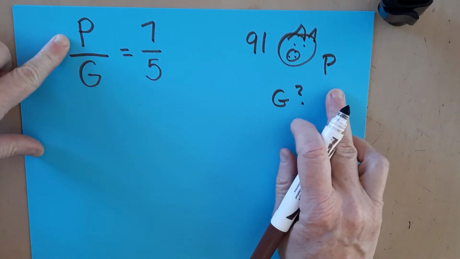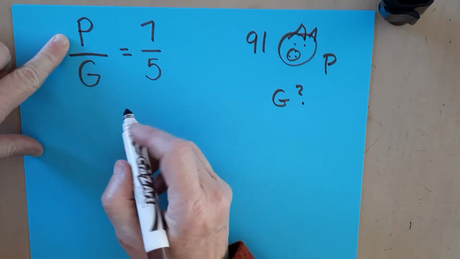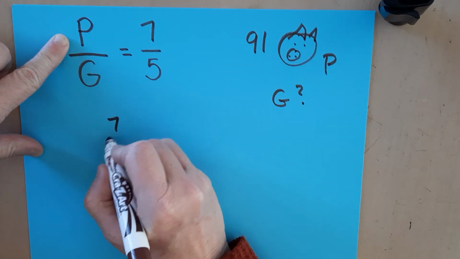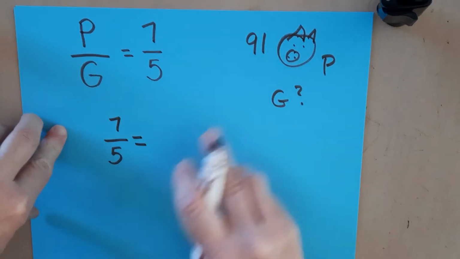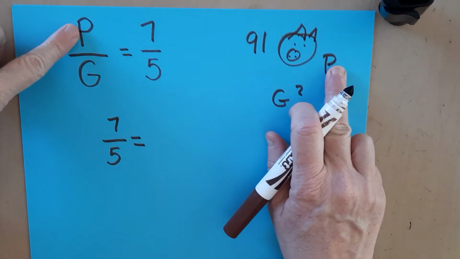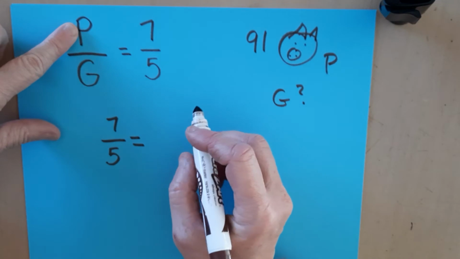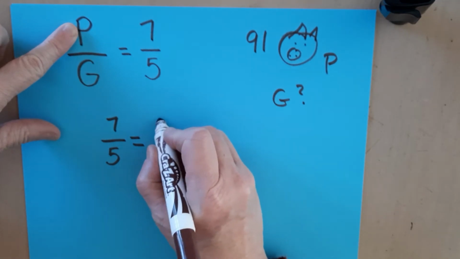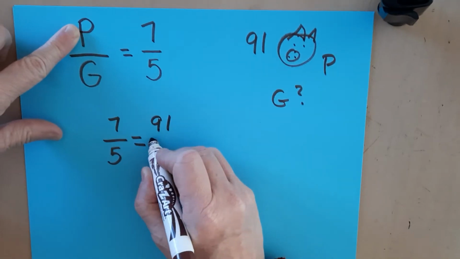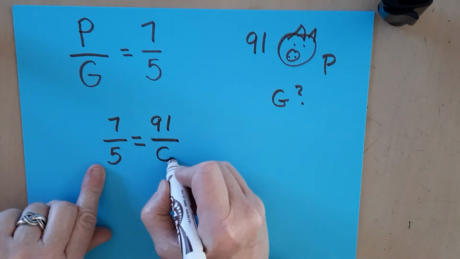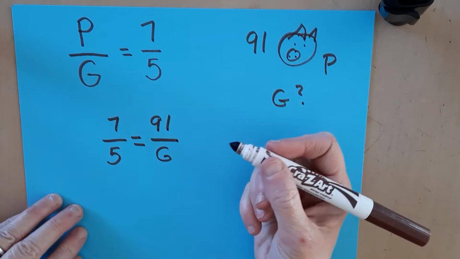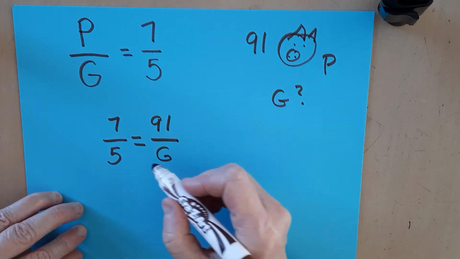So how do we solve that? We keep this ratio 7 to 5, and we set that equal to a new ratio. We know that there are 91 pigs. The pigs is on the numerator, so we put the number of pigs up here in the numerator. And we don't know yet how many goats there are, so we're going to leave that as g. Now we can cross multiply to get our answer.